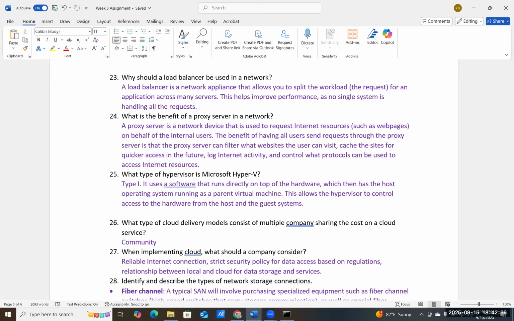Now, when you're doing your virtual machine in Dr. Wynn's lab, you're using Hypervisor 2, which uses a host computer with an OS, and we install VirtualBox with it. So when you're using separate software for the virtual machine, like VirtualBox or QEMU, you are actually using Hypervisor 2 for virtualization.